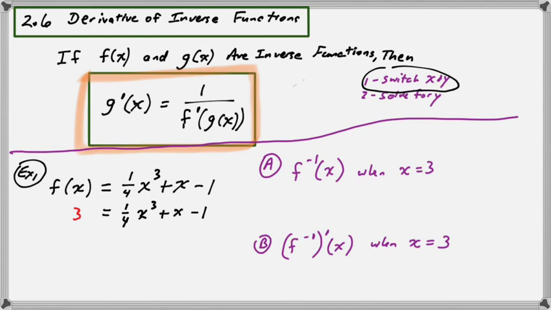So what do I do here to solve this? Let's see. If I subtract 3, I'd have 1/4 x cubed plus x, and would that be minus 4? Let's see. I could actually just solve it, or if you put a 2 in, 2 to the third is 8. 8 divided by 4 is 2.